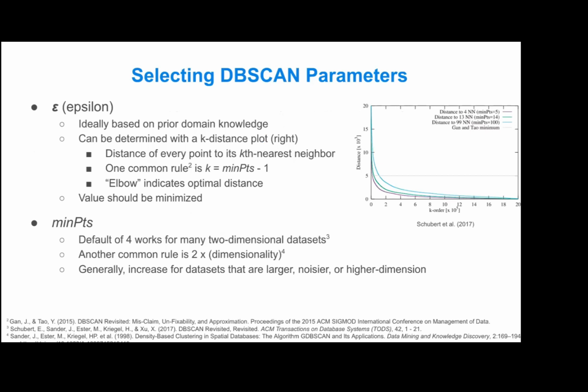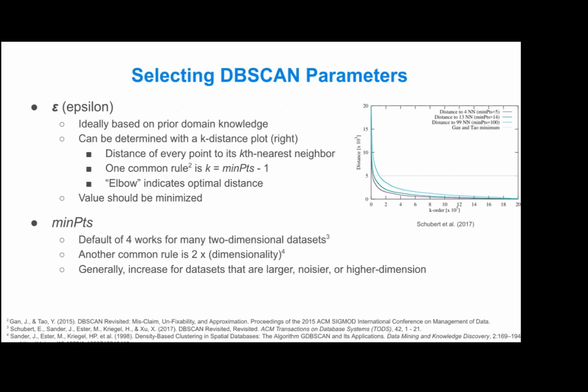So a note on the DBSCAN parameters, you can do a lot more research into this on your own if you're really interested in using DBSCAN, but epsilon is ideally chosen based on some prior domain knowledge. This is not often very intuitive in biological settings. So you can kind of determine it with a k-distance plot, an example of which is on the right.